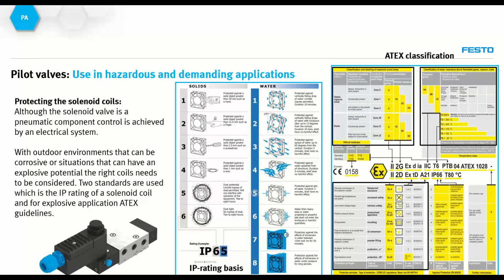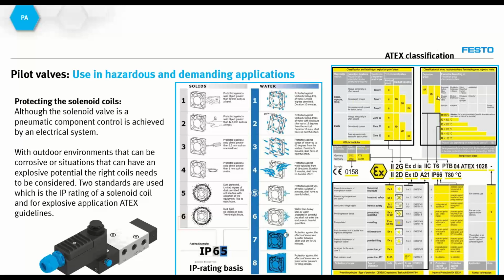The other part to consider is the explosion group. Even if we know the zone allocation, there's a certain group, 2A, 2B, 2C, which, based on the medium that can be present, will generate a certain likelihood of an explosion. And this is not only the type of gas, but also the temperature.